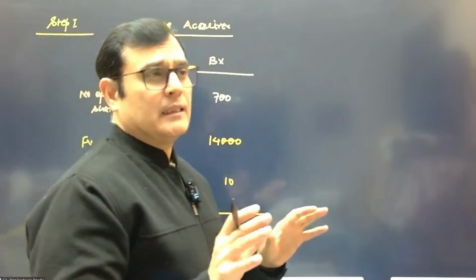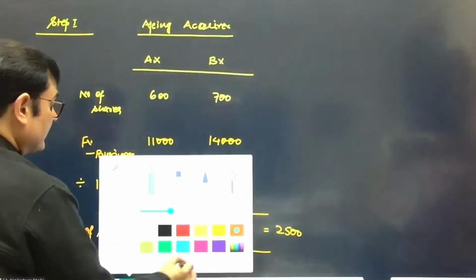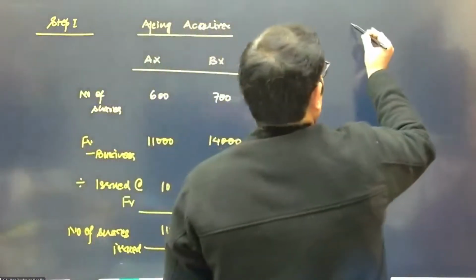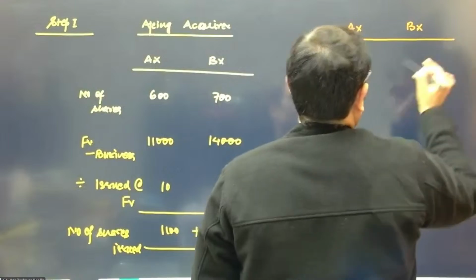Now we can see that company ABX will issue 2500 shares, out of which 1100 shares go to AX and 1400 shares go to BX. So let's see the percentage stake. Let's see the number of shares which AX and BX get in ABX.